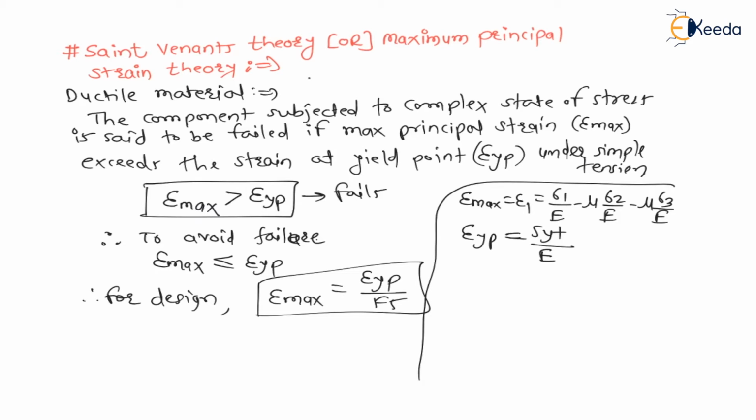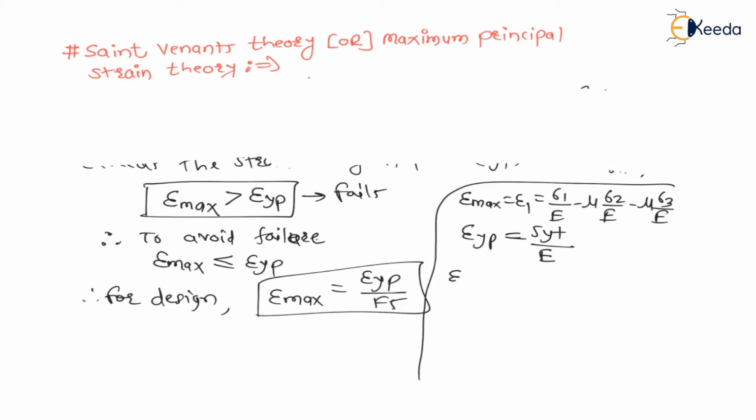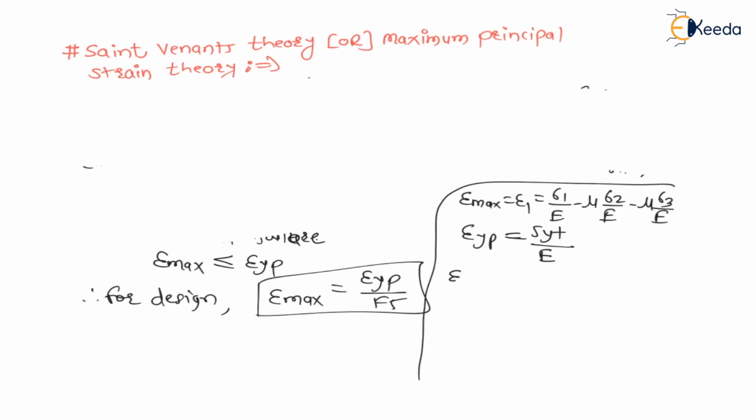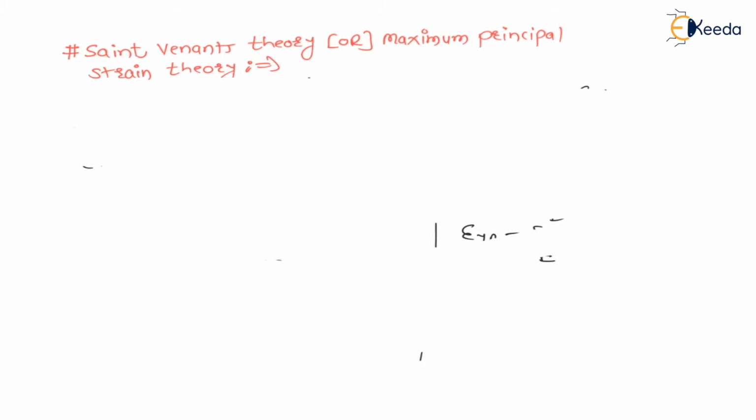Therefore, equate these two. As per the theory, E max, which is E1, is equal to E at yield point divided by factor of safety.